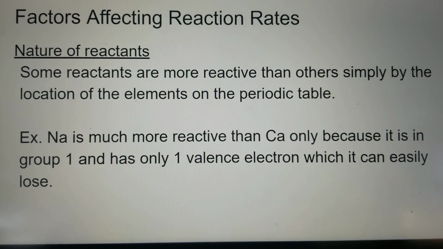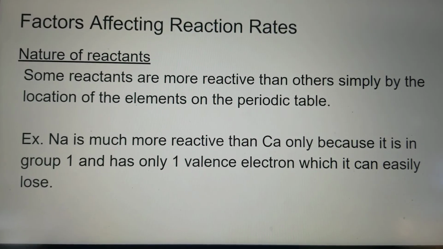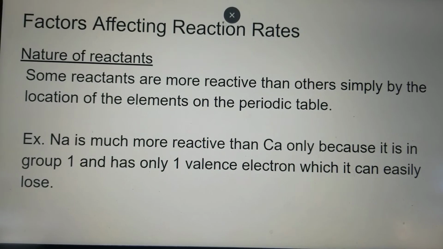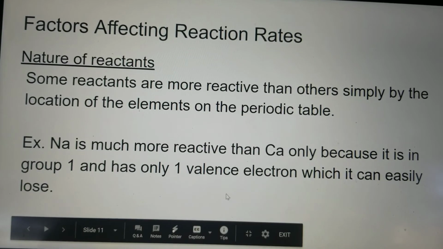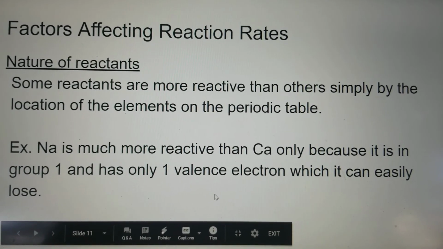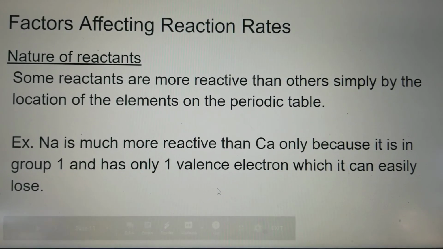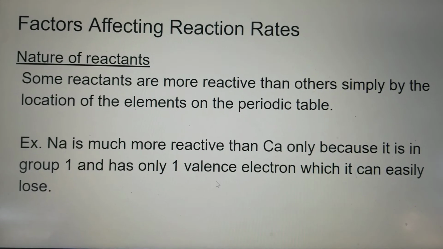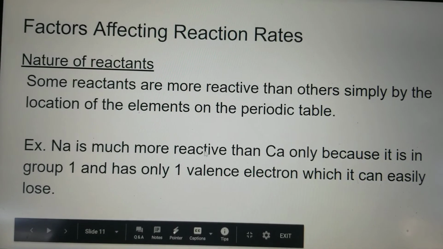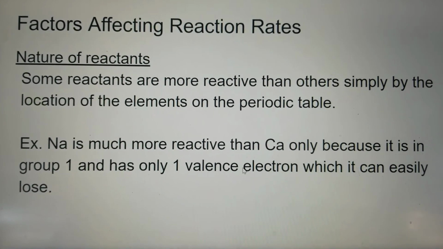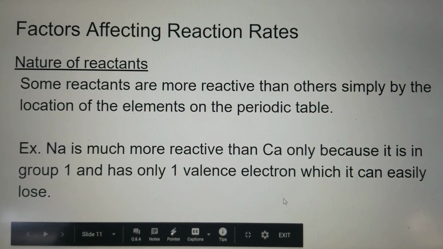So it's not going to be as reactive because it has to use more energy to lose the 2 valence electrons. Again, that's a little bit of review from atomic structure, and from topic 3, periodicity, periodic trends, where we found out that group 1 is going to be the most reactive, and then group 2, and then group 3, etc. So reactivity, we talked about that in topic 3.